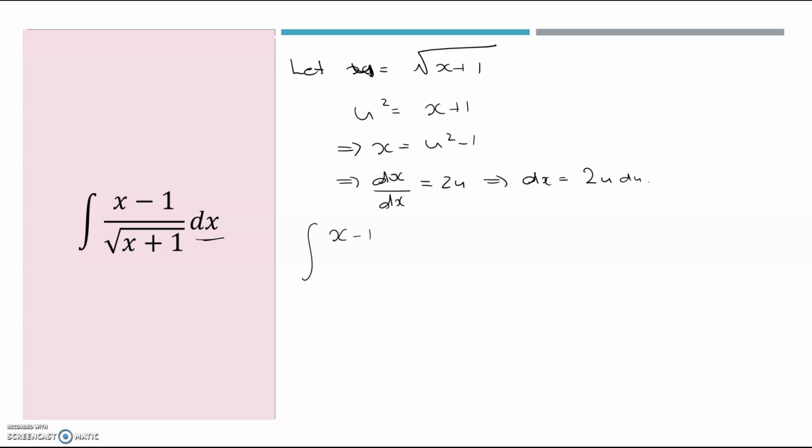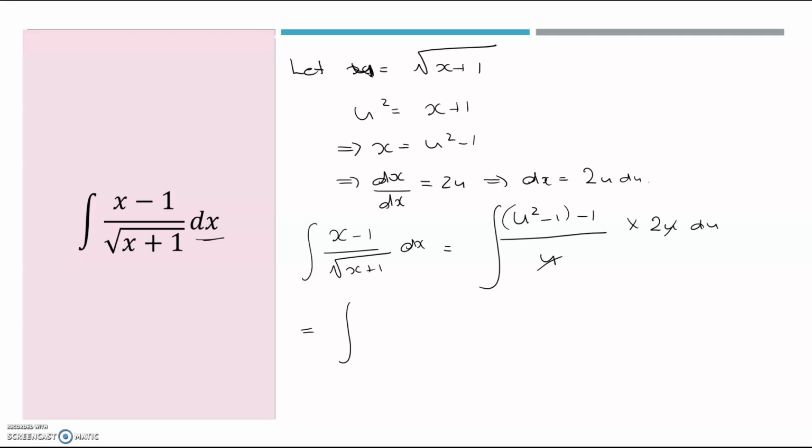So we've got the integral of x minus 1 over square root of x plus 1 dx, putting in everything we've got. So x minus 1 becomes u squared minus 1 over u, because u is the square root of x plus 1, times dx, which is 2u du. Now that's really nice because the u's cancel and I can tidy it up.